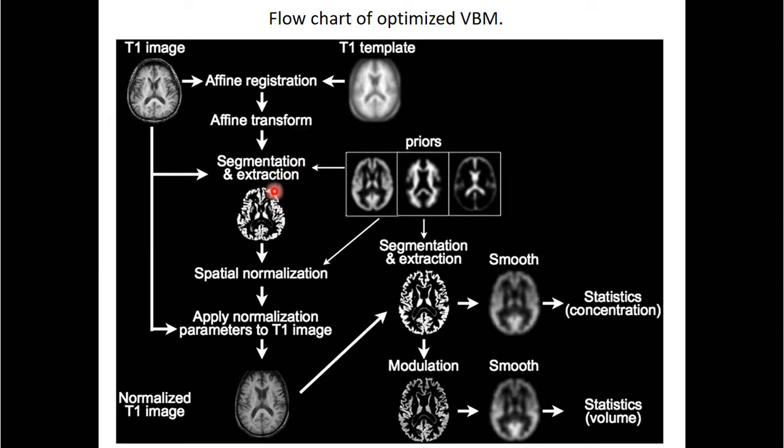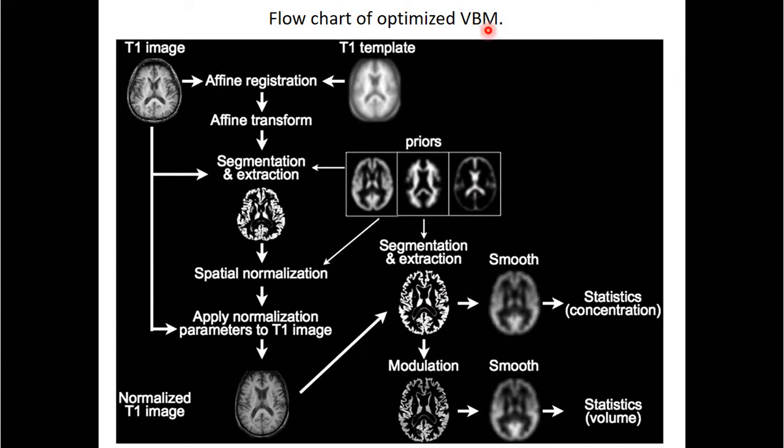Then you do segmentation using the priors. And then you do spatial normalization. You apply the normalization parameters to the T1 image. You get the normalized image. Then you do another segmentation using the same priors.